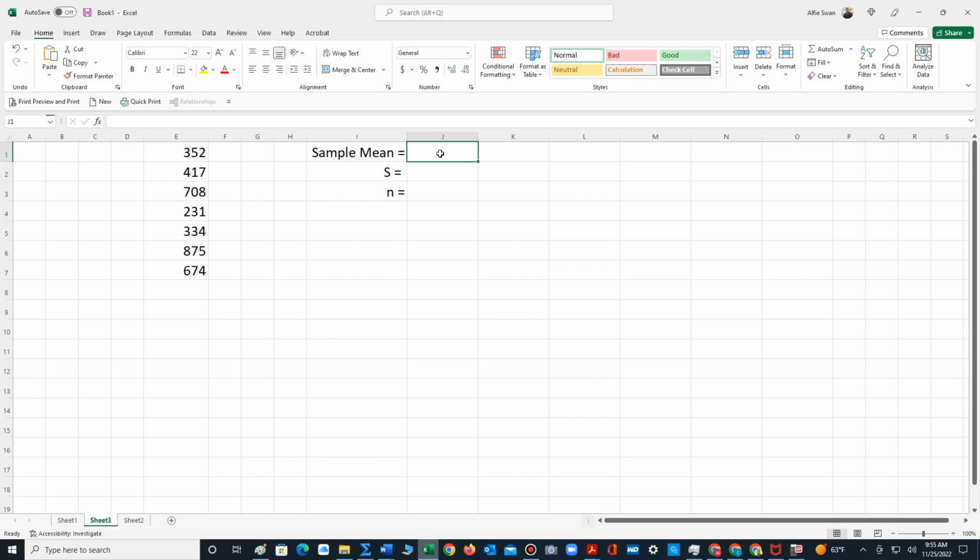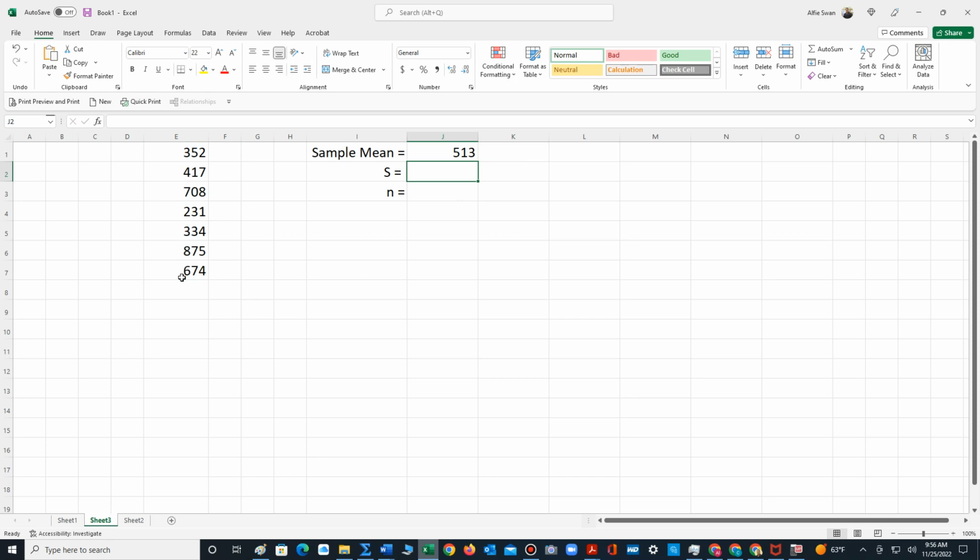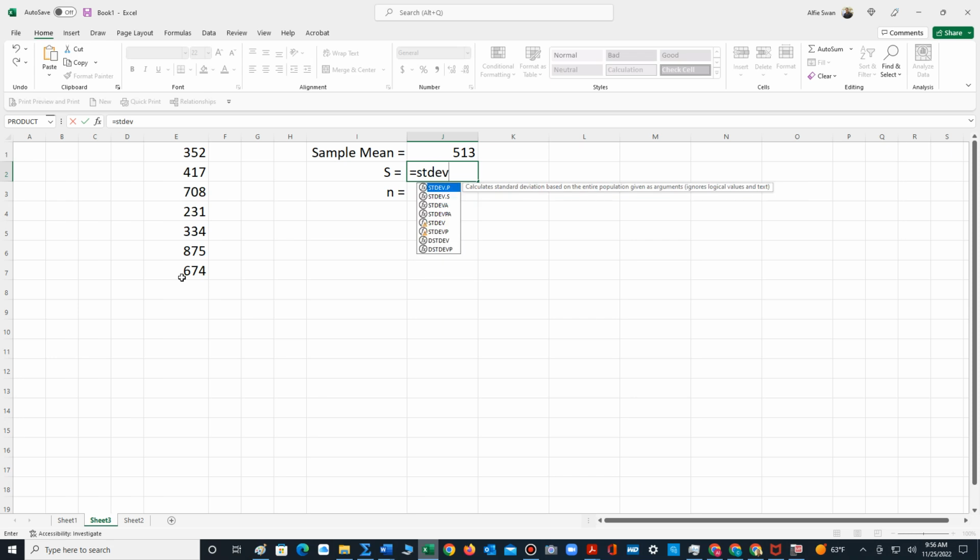Now to compute the sample mean, we type equals, type in the word average, parentheses, select the values, close the parentheses, and hit enter. So the sample mean is 513. The sample standard deviation, we use the function STDEV.